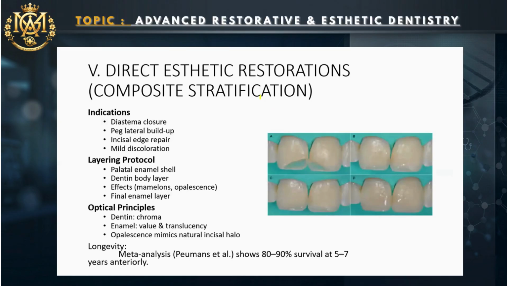Now, direct aesthetic restoration or composite restoration. This is another form of aesthetic correction. It is indicated for diastema closure, peg lateral buildup, incisal edge repair, and mild discoloration can be corrected with direct composite veneers. This is also known as composite stratification, and the layering protocol is the palatal enamel shell, then the dentin body layer.